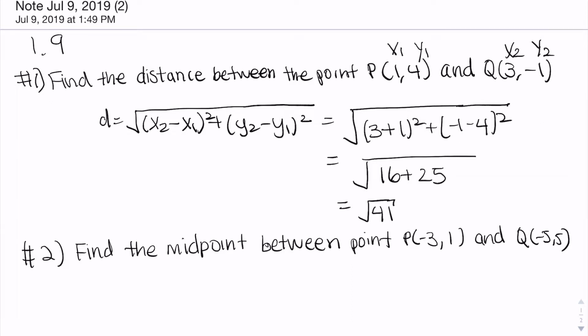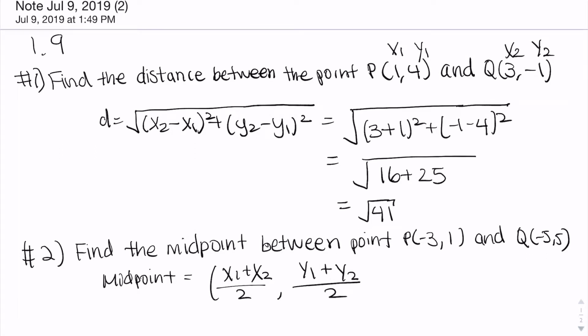So the midpoint formula is equal to x1 plus x2 over 2, y1 plus y2 over 2.